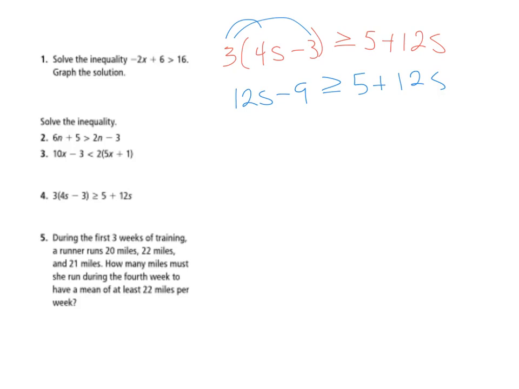So let's say I minus 12s from both sides. My variables go away. I get negative 9 is greater than or equal to 5. Is negative 9 greater than 5? The answer is no. And so this is no solution.